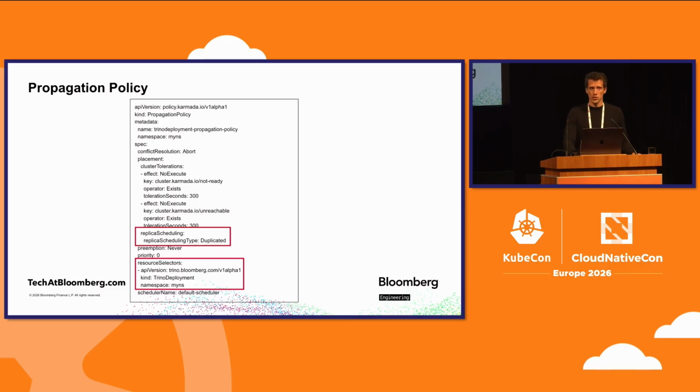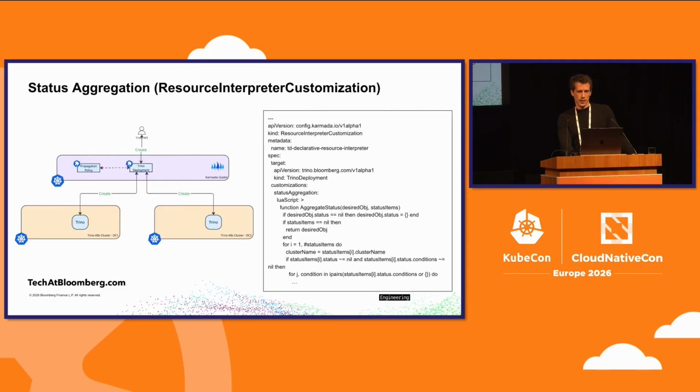So all member clusters run Trino pods. One important piece of our Karmada integration is how we aggregate the status of each cluster. For this, we use the resource interpreter customization. So we create a Lua script that teaches Karmada how to aggregate the status from the different Trino deployments across all member clusters.